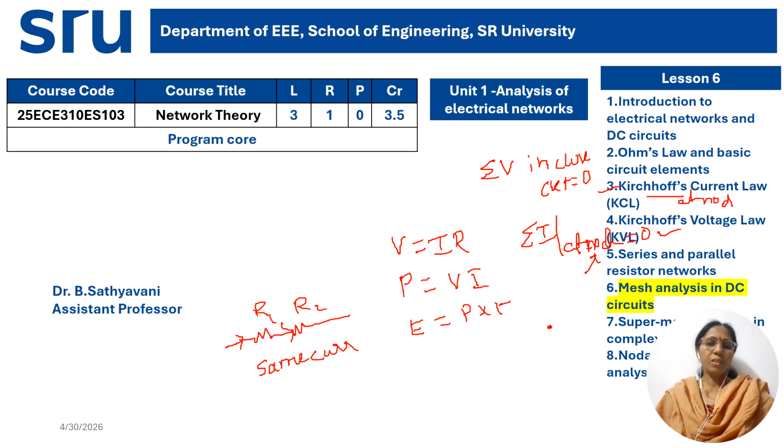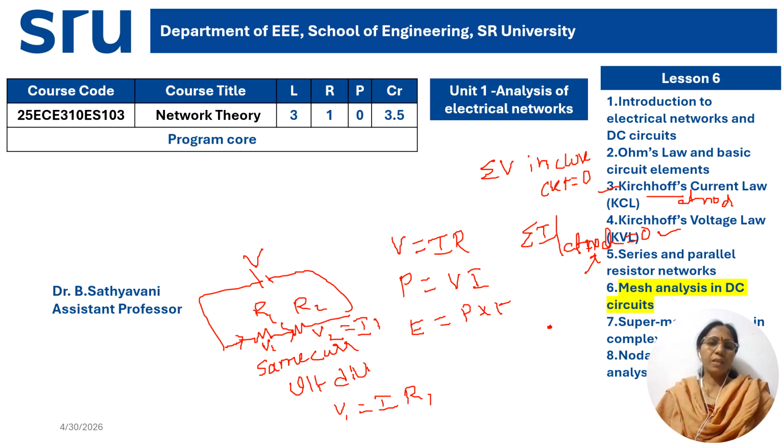So the current will be the same, but voltage division takes place. If the voltage applied across this is some V, and the voltage across R1 is V1, where V1 is the product of current I and R1, and the voltage across R2 is V2, the product of current and resistance R2. They may be the same or different voltages, but the total voltage is divided into two parts, V1 and V2. So the property of a series network is the same current, and voltage division takes place.